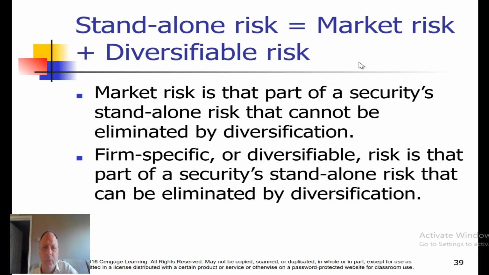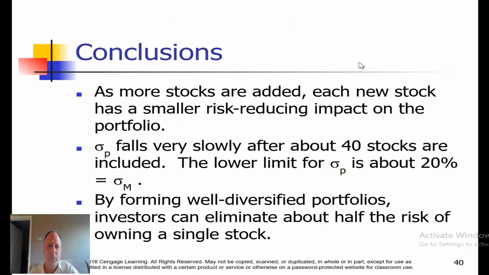The firm-specific risk, or diversifiable risk, is that part of the security's standalone risk which can be eliminated by diversification. As more stocks are added, each new stock has a smaller risk-reducing impact on the portfolio. The standard deviation of the portfolio at first drops off very quickly, but then very slowly as more stocks are added. So by forming well-diversified portfolios, investors can eliminate about half of the risk of owning an individual stock.